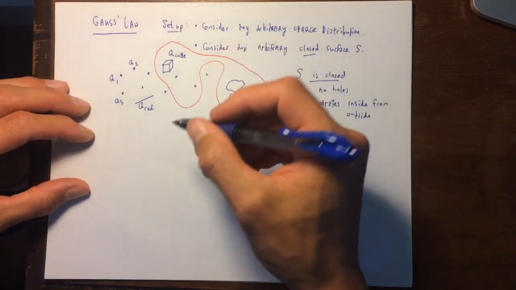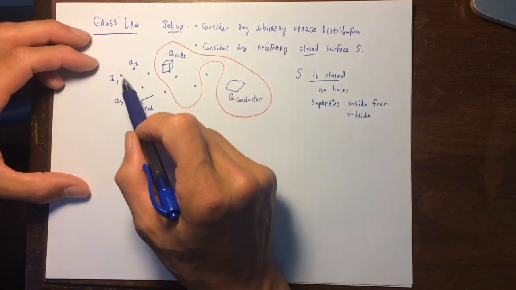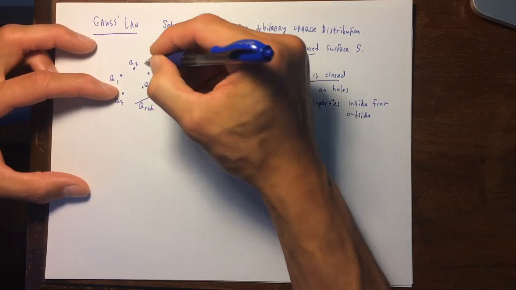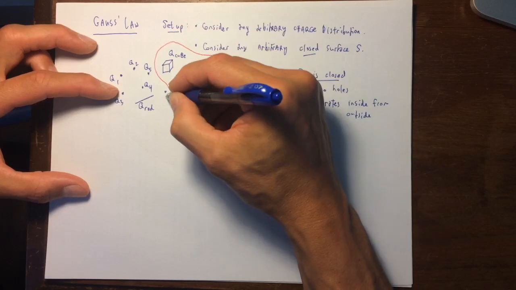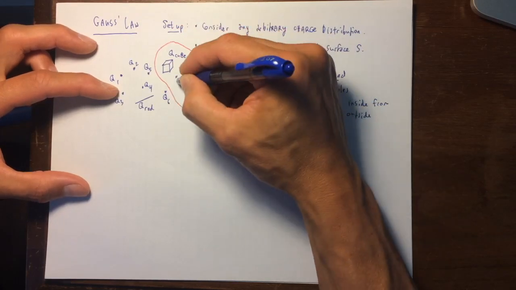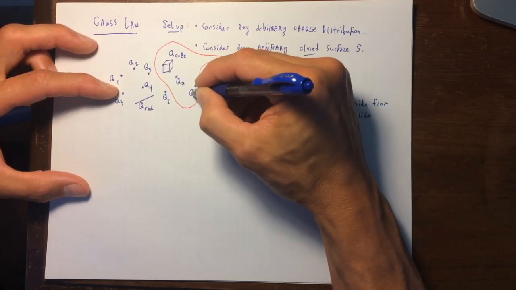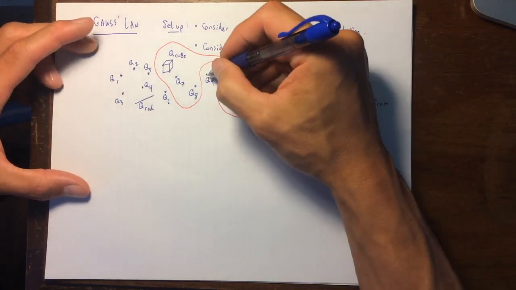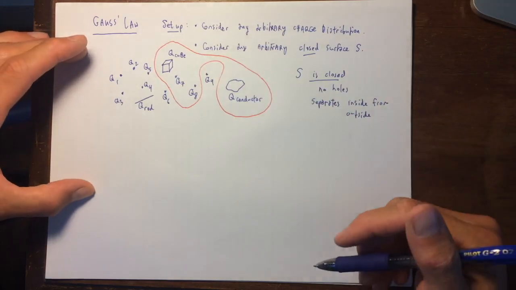Okay, so let's finish labeling. Q1, Q2, Q3, this one is number 4, number 5, number 6, number 7, number 8, number 9, and that's all the charges.